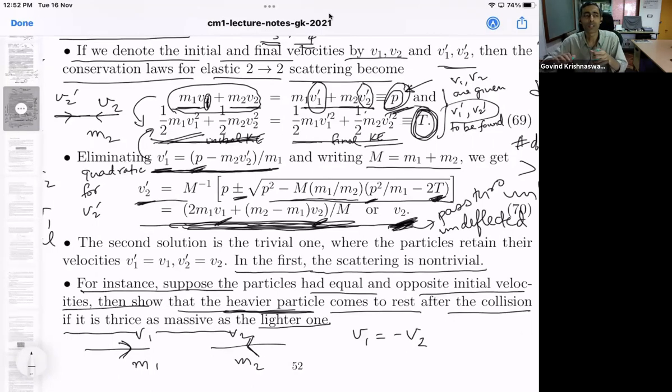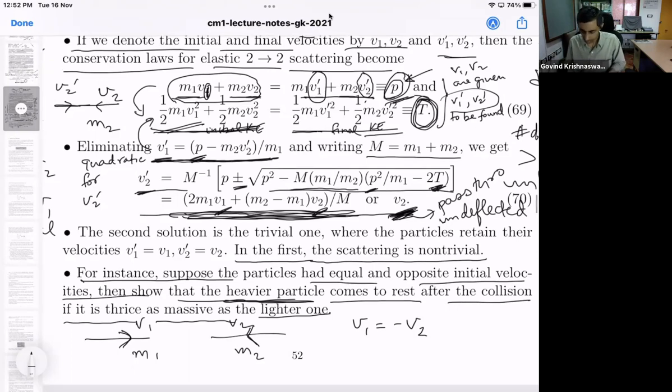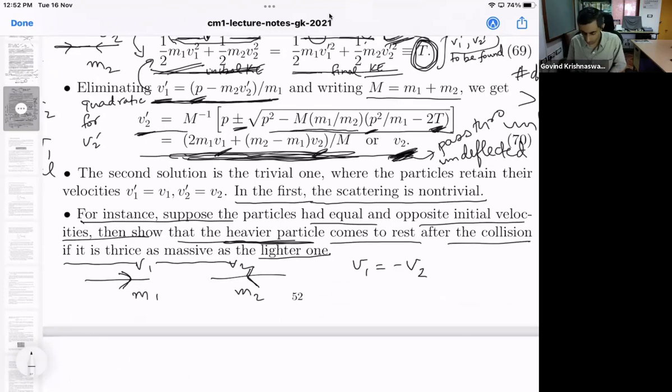So any question about the principles we have used and the overall procedure? Okay. So the main message is that conserved quantities are useful. I can write it as a slogan: conserved quantities are useful in understanding the dynamics of a mechanical system. See, we have deduced a physical fact that the heavier particle will come to rest if it is 3 times as massive as the lighter one.